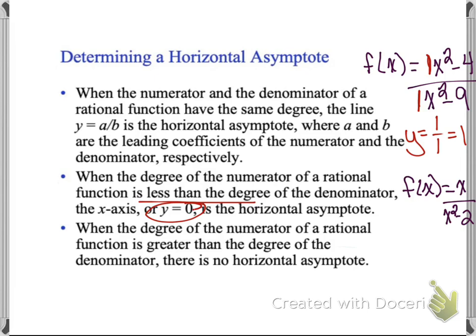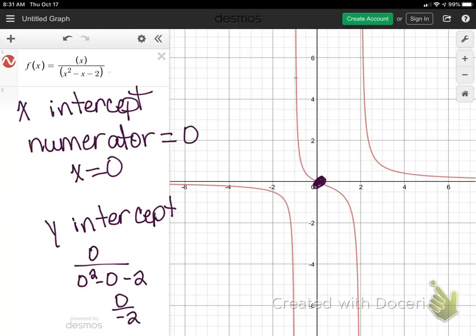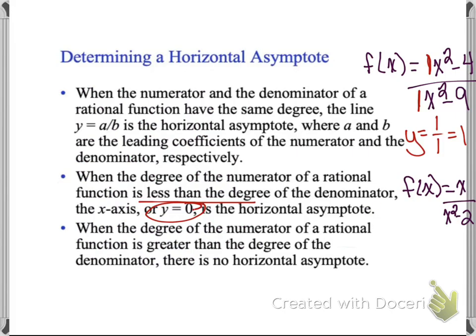In this situation, I have y equals 0, and that's what we just had a minute ago. In this function, because this was degree 1 and this was degree 2, our horizontal asymptote was y equals 0.